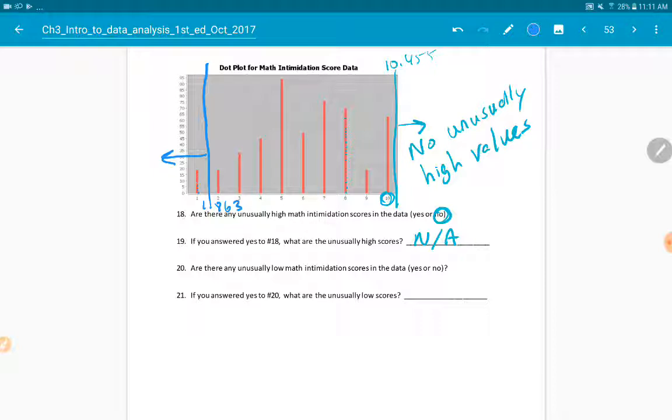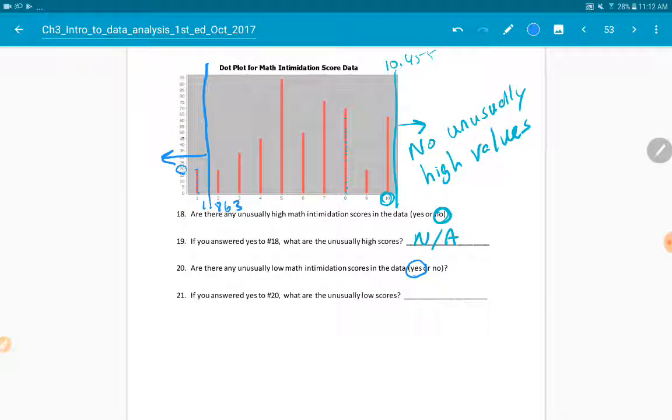So how many dots are over here at that value of 1? I can tell how many by looking at the frequency side of the vertical axis. So it looks like there are about 20 dots that have an unusually low score. So are there any unusually low math intimidation scores? Yes. If you answered yes to number 20, what are the scores?